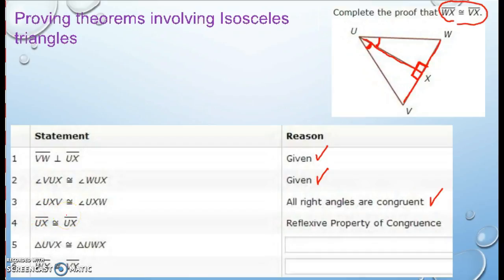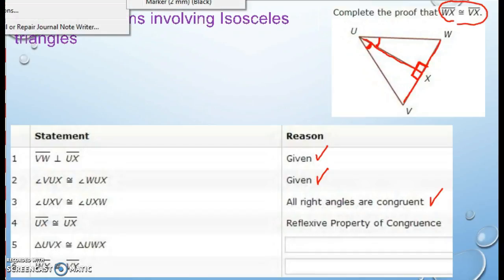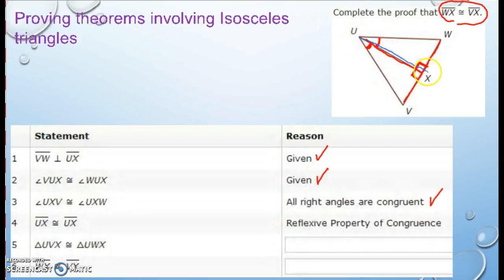From there, you can see that we're showing these two smaller triangles congruent, and then we can use the theorem we talked about from Monday's class to determine that once the triangles are congruent, all remaining pairs of corresponding parts are going to be congruent. I see that there is a side shared by both these smaller triangles, and that is side UX.